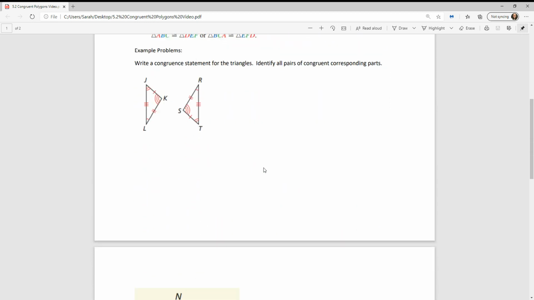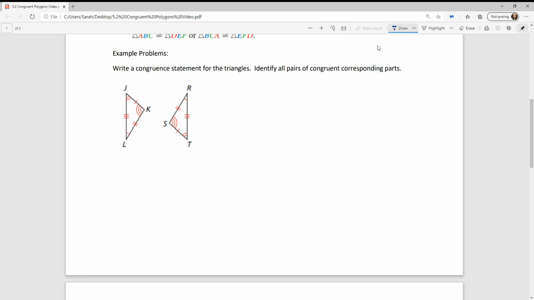So to start, we're going to write some congruent statements of our own. We're going to say triangle something is congruent to triangle something, and then also identify all pairs of congruent corresponding parts, so congruent sides and congruent angles. I'm going to just go alphabetical here for my first triangle. Triangle JKL is congruent to, I have to make sure I go in the same order.